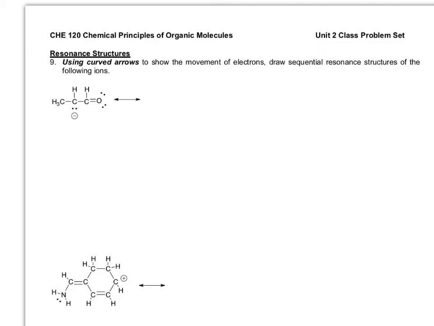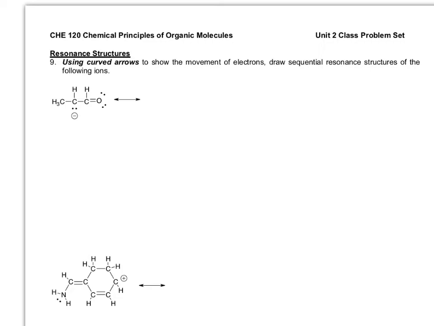Now, the one thing to keep in mind when dealing with anions is that anions have the highest electron density. They are electron rich. They are going to push multiple bonds out of the way, i.e., they are going to push the electrons in the multiple bonds, specifically the electrons in this double bond, out of the way and onto this oxygen.